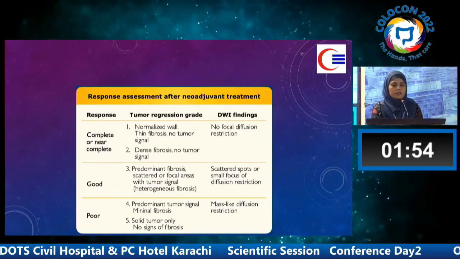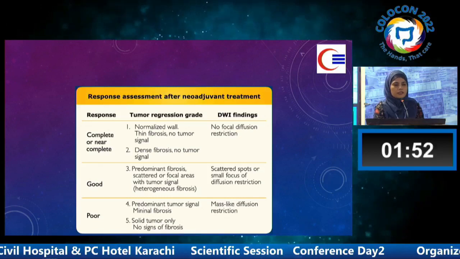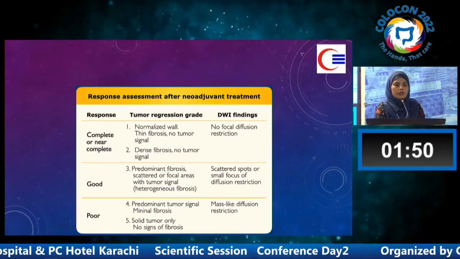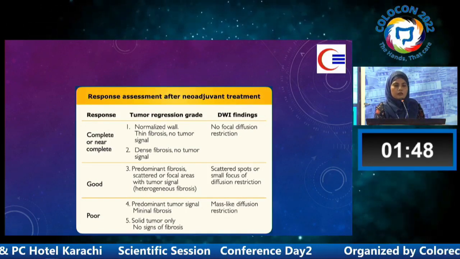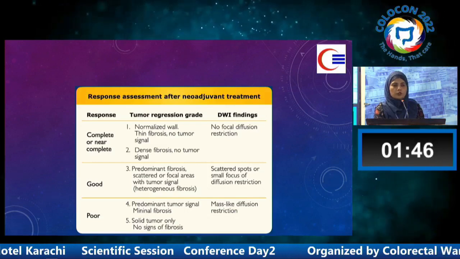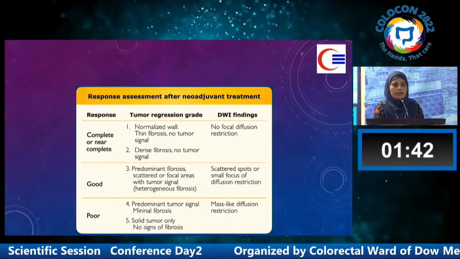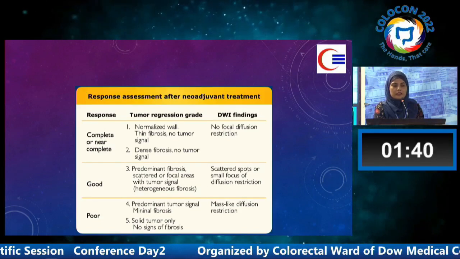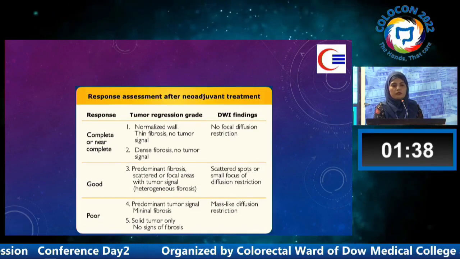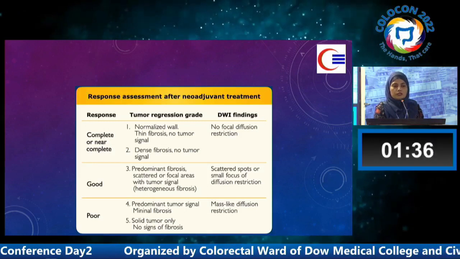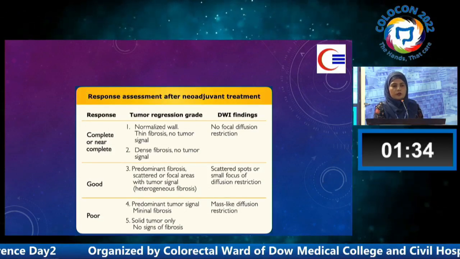This is the 5-tier tumor grading system, in which grade 1 and grade 2 are the complete or good response, in which there is total fibrosis, and intermediate signal of tumor is not there. And in fact, at this stage, diffusion weighted imaging plays a vital role. If no restricted diffusion is there, it is a good response.